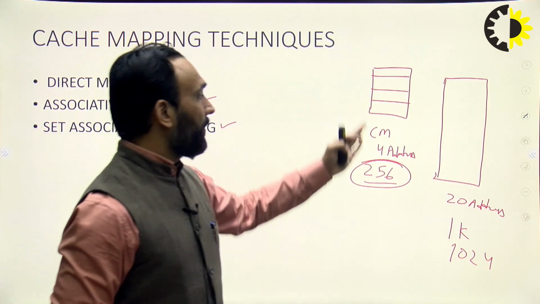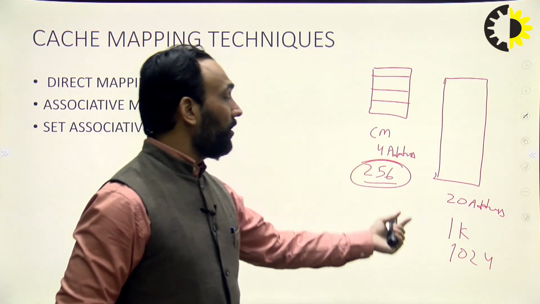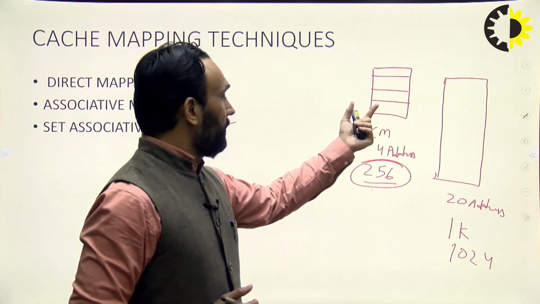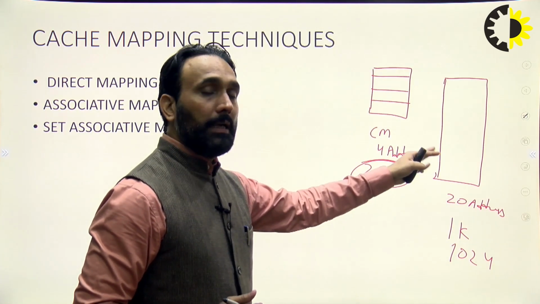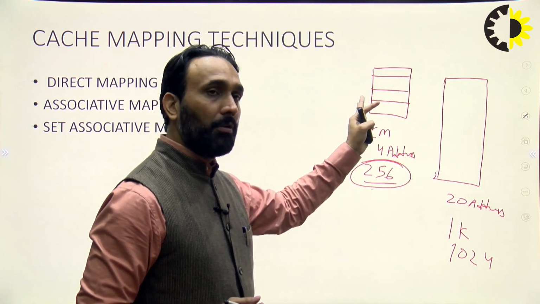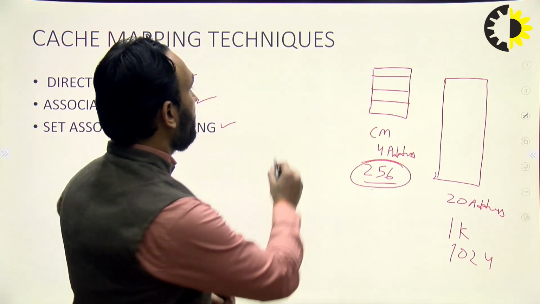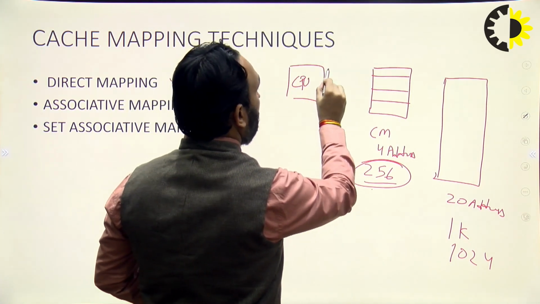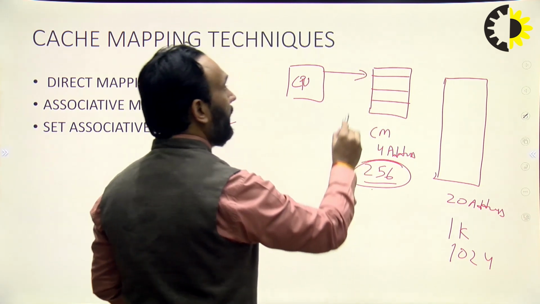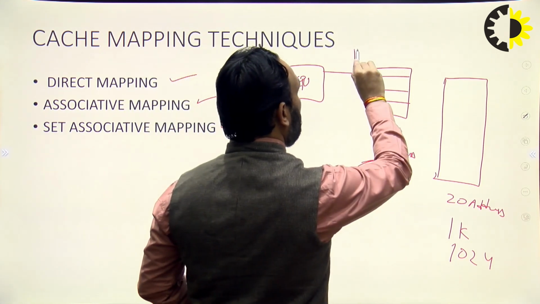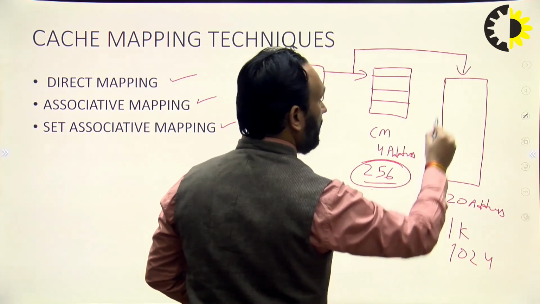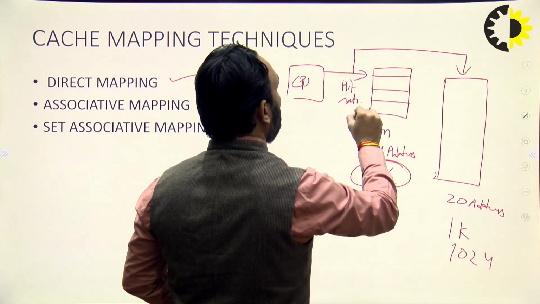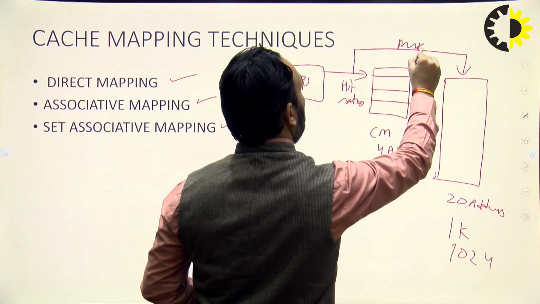So the capacity of cache memory is only to hold 256 addresses from the main memory. So we have to choose which address is required by the processor on the basis of locality of reference, and the processor location is here, CPU. CPU first goes to the cache memory, and if the address is not found in that location, then it will go into the main memory. That is hit ratio and that is miss ratio.